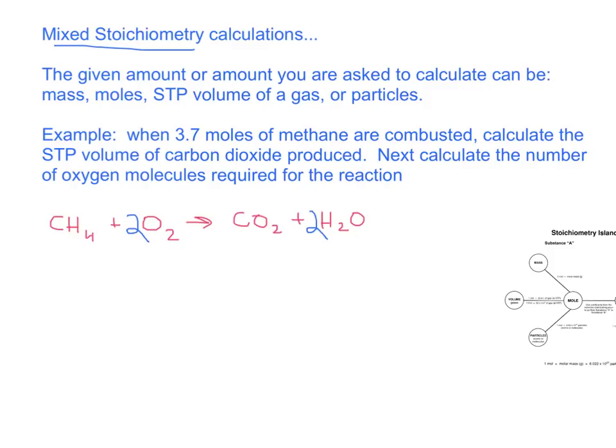We're given two tasks. First, calculate the STP volume of carbon dioxide. Next, calculate the number of oxygen molecules required for the reaction. So we need to calculate the amount of oxygen in molecules, not in moles or mass.